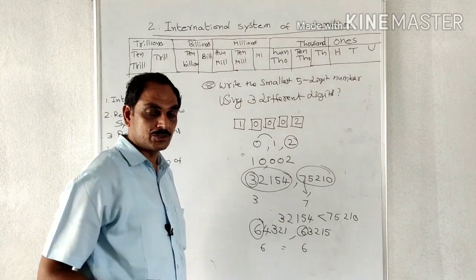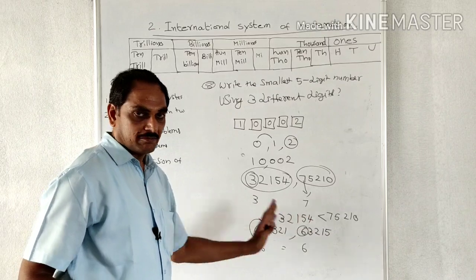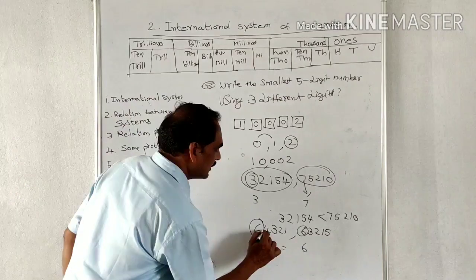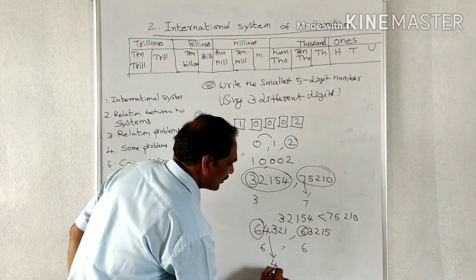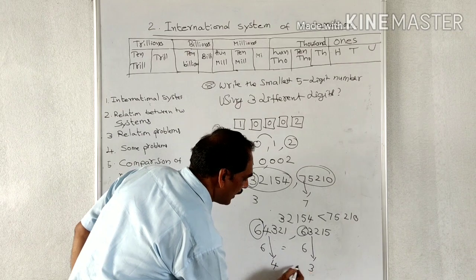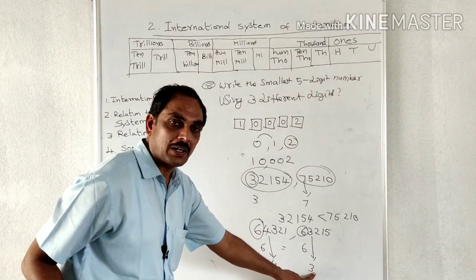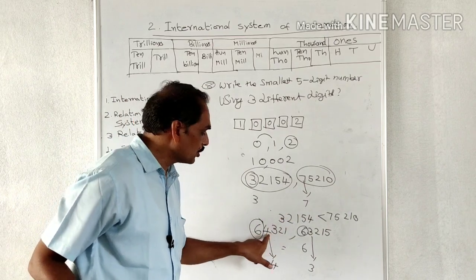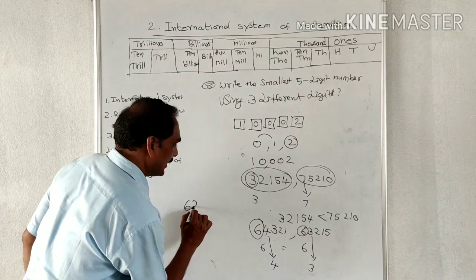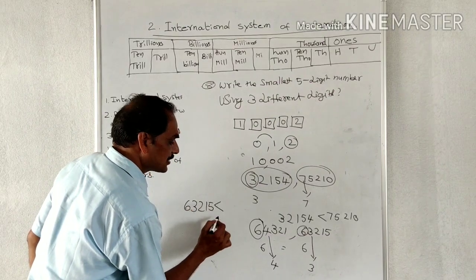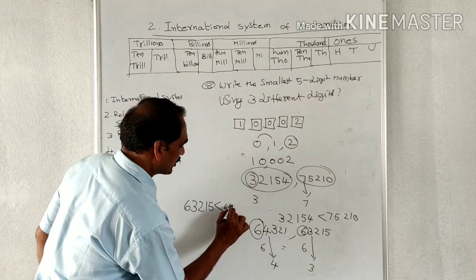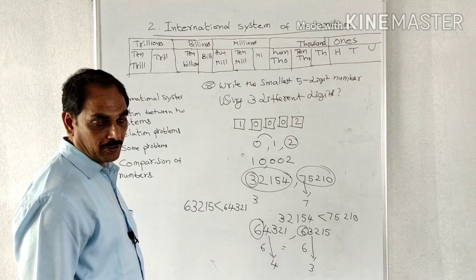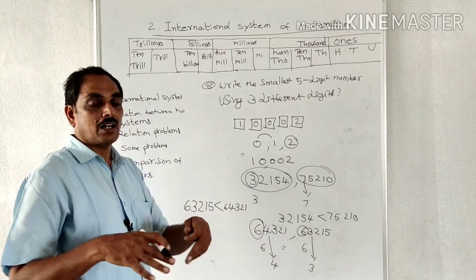These are equal, so we go to the next digit from left to right. The next digits are 4 and 3. Of these, 3 is smaller. So we write 63,215 is less than 64,321.